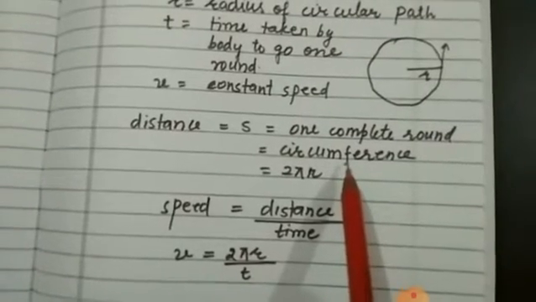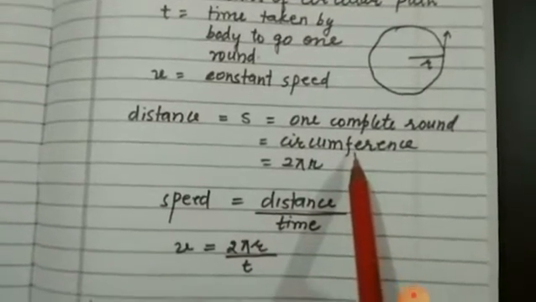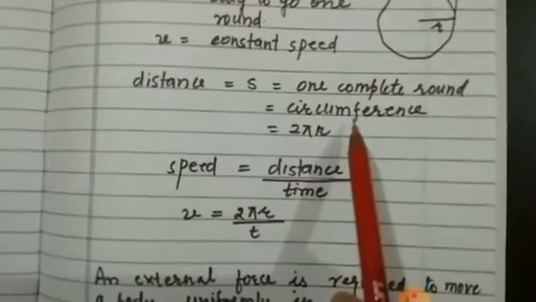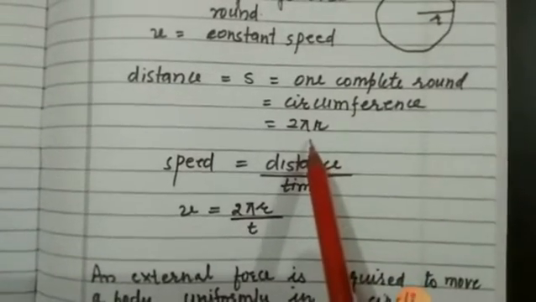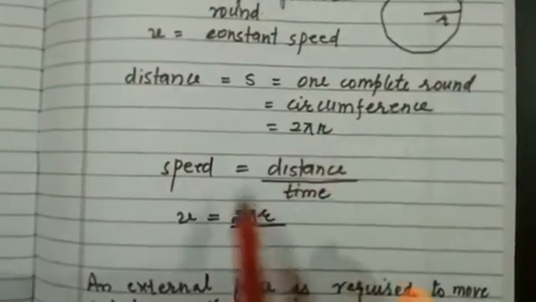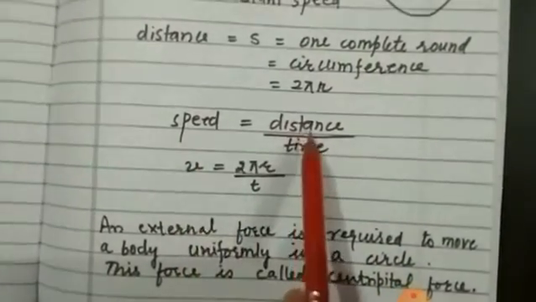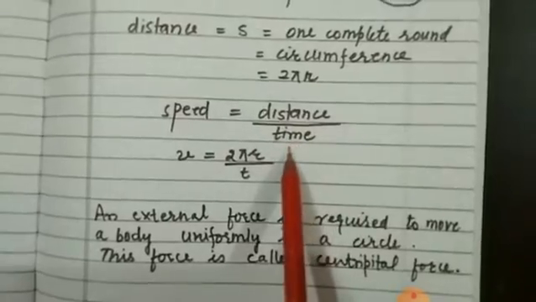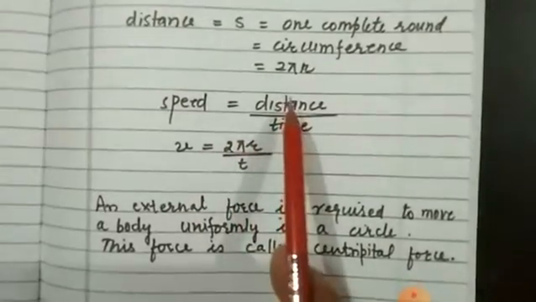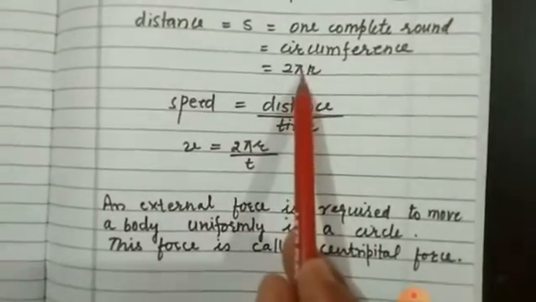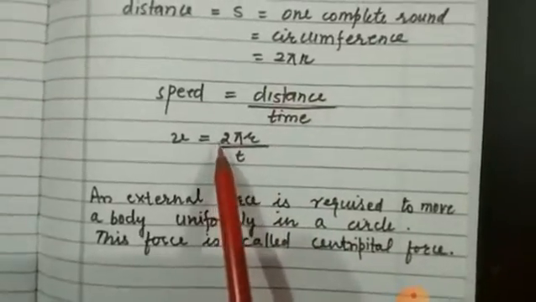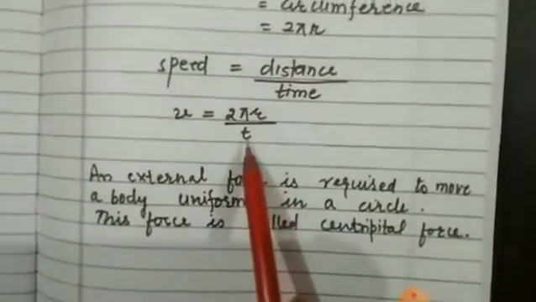I have told you, for one complete round of the circle, the distance is the circumference, and the circumference is 2 pi r. What is the formula for speed, students? Speed is equal to distance travelled in a given time. So you can write it: distance is 2 pi r, divided by time.